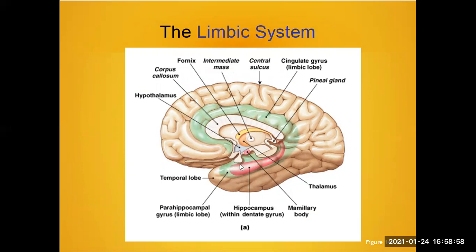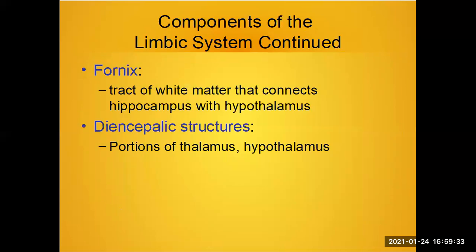Hippocampus, cingulate gyrus, isthmus, fornix, a tract of white matter that connects the hippocampus with the hypothalamus.